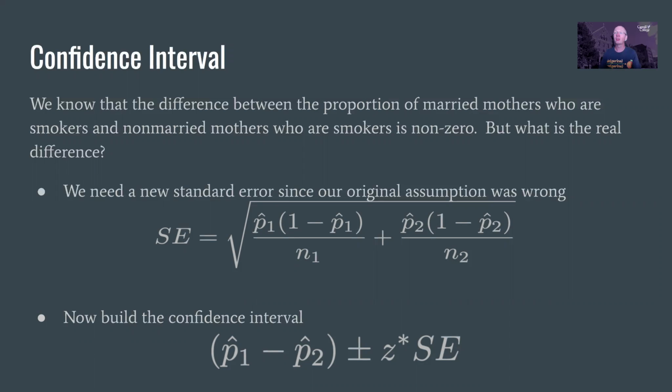But now we're just admitting to ourselves that they are likely not equal to each other. So I have a new standard error formula, which I'll walk you through in a second. And then the confidence interval is really the same as what we've done in the past. You take the statistic that you had, in this case the difference between two proportions, plus or minus some critical z-score times the standard error. So let's go build this.